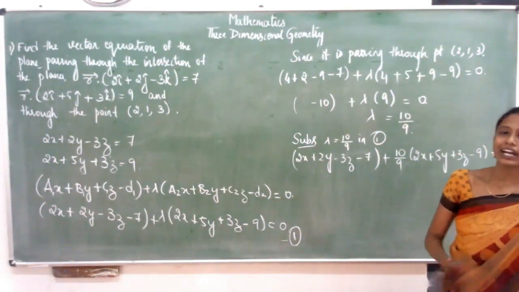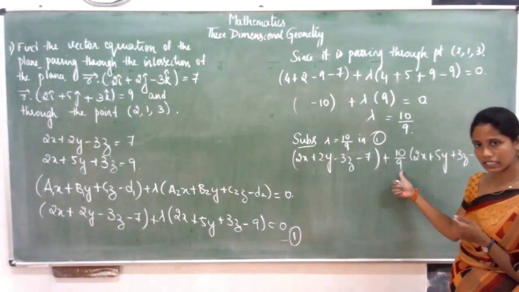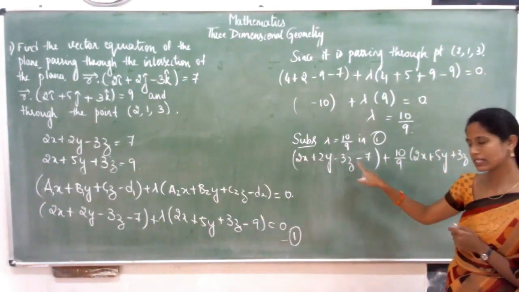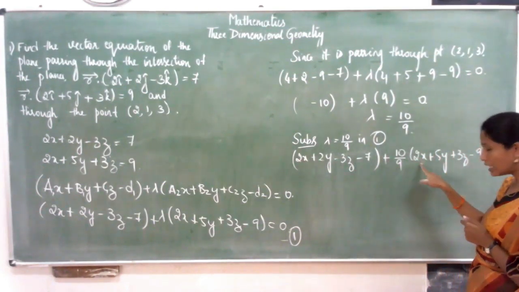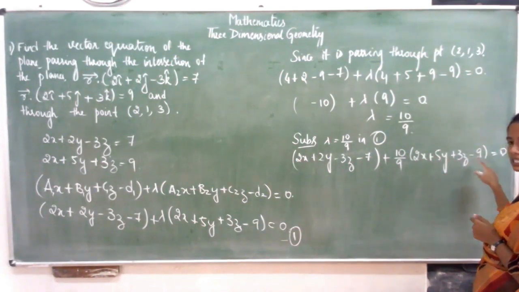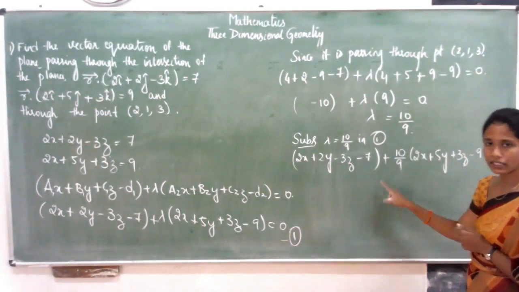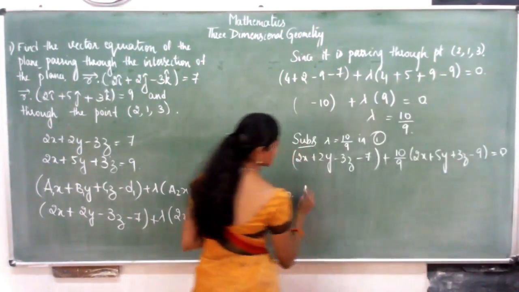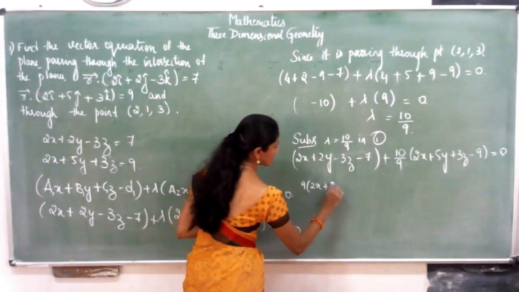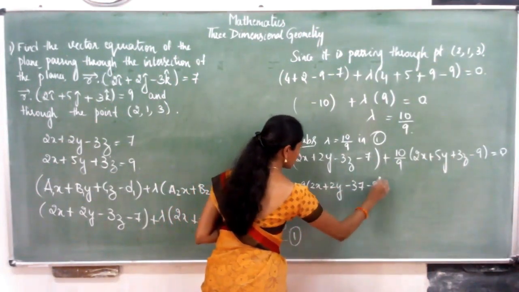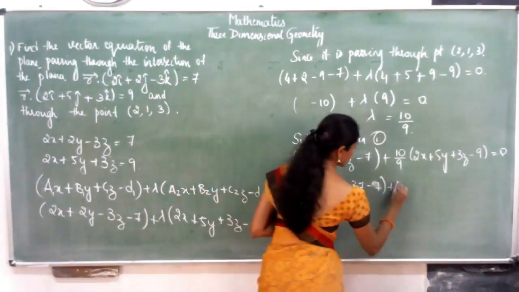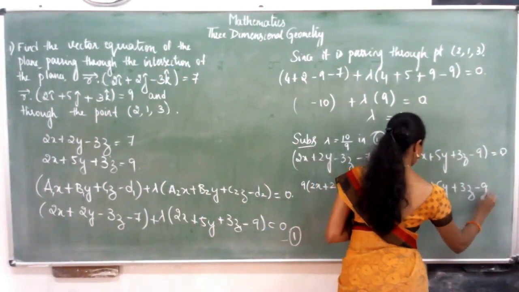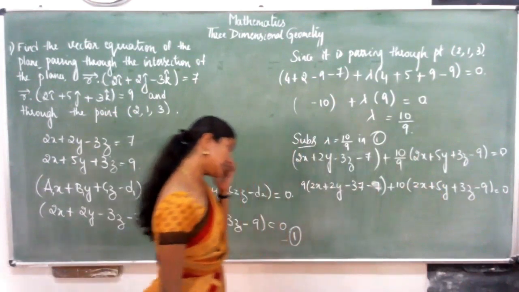Now taking the LCM and simplifying, the LCM here is 9. So when I take the LCM, this becomes 9 into 2x plus 2y minus 3z minus 7 plus 10 into 2x plus 5y plus 3z minus 9 whole divided by 9. Then cross multiplying 9 to the right hand side, 9 into 0 is 0. So you will get 9 into 2x plus 2y minus 3z minus 7 plus 10 into 2x plus 5y plus 3z minus 9 is equal to 0.